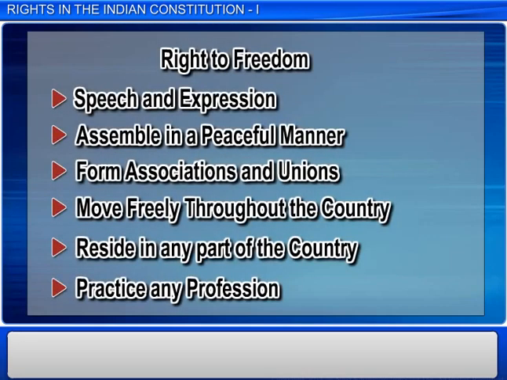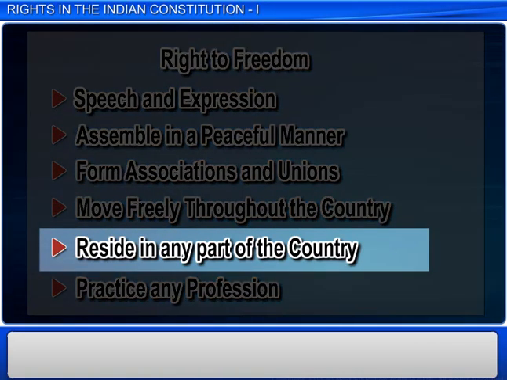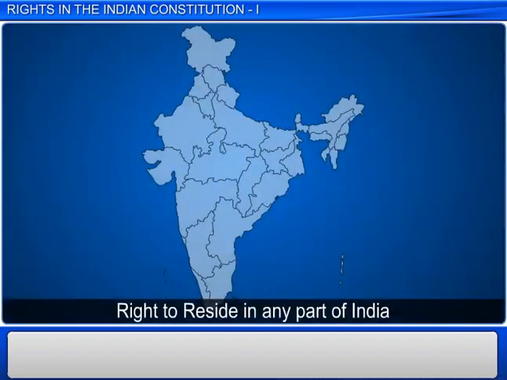Every citizen has the freedom to reside in any part of the country. For example, a person belonging to Orissa is free to live in any other state of India, such as Punjab, Maharashtra, or Andhra Pradesh.